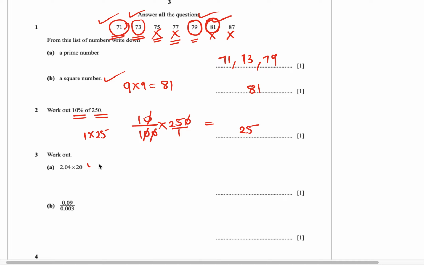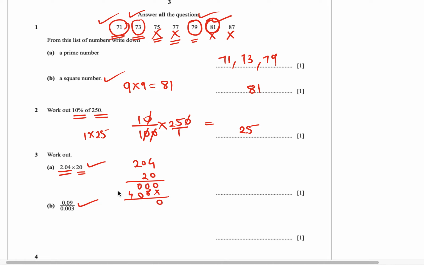Now see, in the multiplication and division questions of decimals, I always suggest, at least for the multiplication, that you just multiply without the decimal. So let's consider it as 204 without decimal, and let's consider this as 20 without decimal. So let's multiply. 0 times 4 is 0, 0 times 0 is 0, 0 times 2 is 0. Now cross here, 2 times 4 is 8, 2 times 0 is 0, and 2 times 2 is 4.